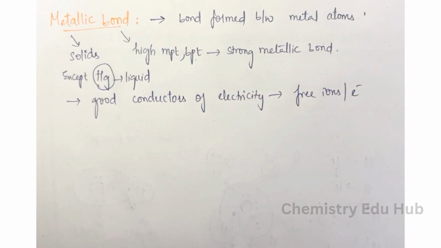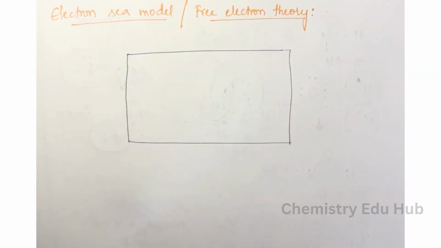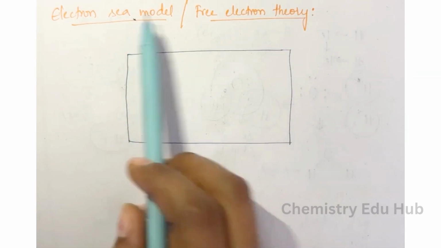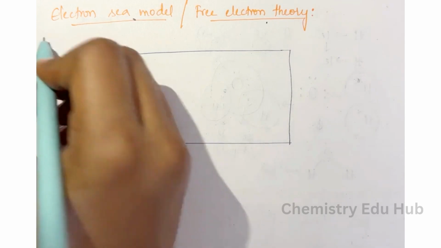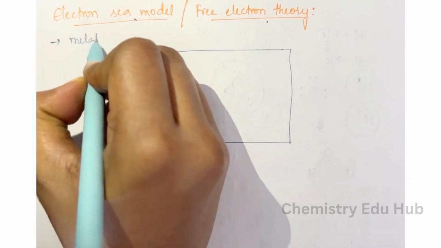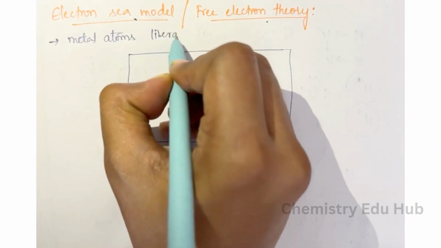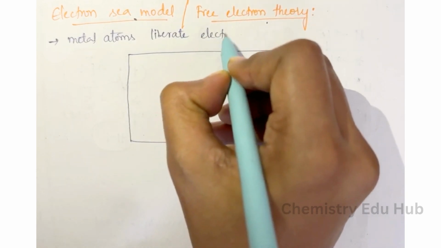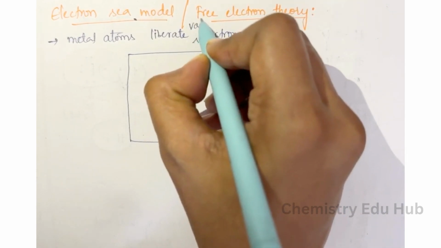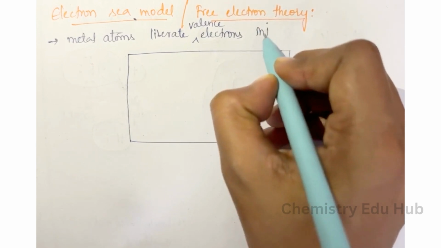Now let us understand the metallic bonding with the help of the electron sea model. According to the electron sea model or free electron theory, metal atoms release or liberate electrons. Which electrons? Valence electrons into the crystal.